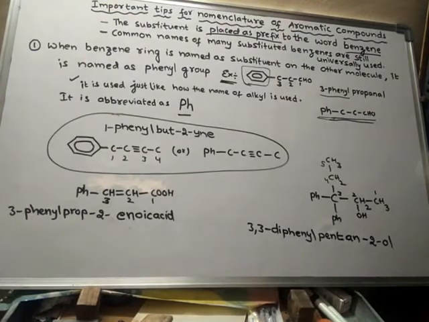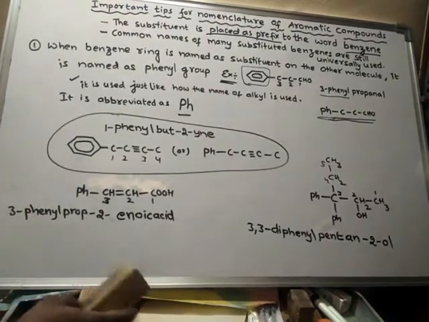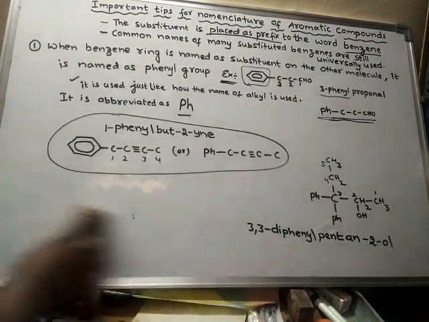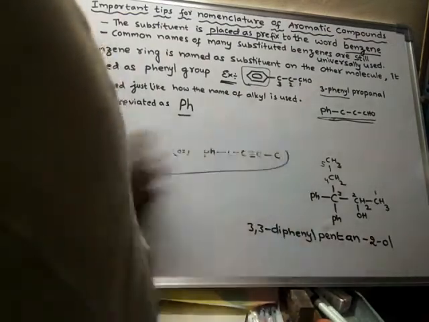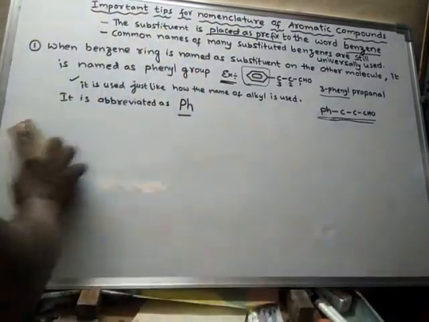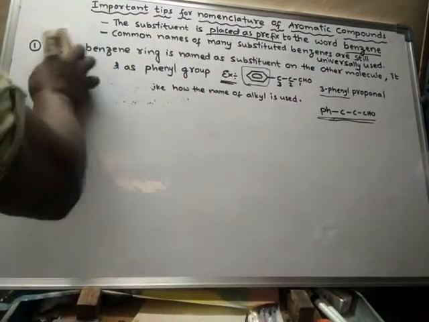Okay, another tip. We will learn another tip. See, when more than one substituent is present on a benzene ring, how should we write the name?